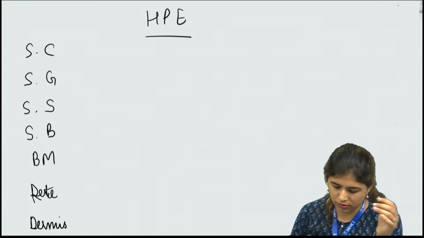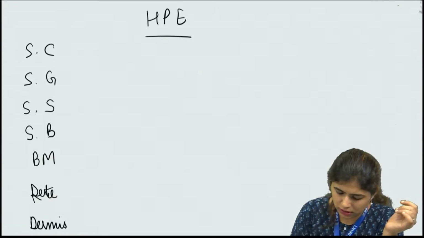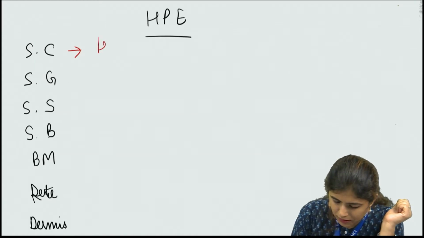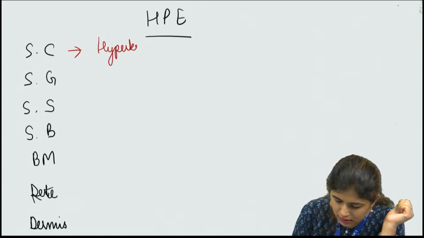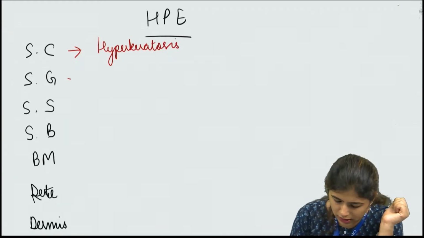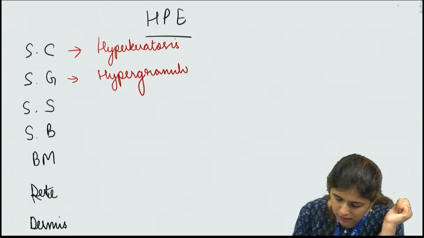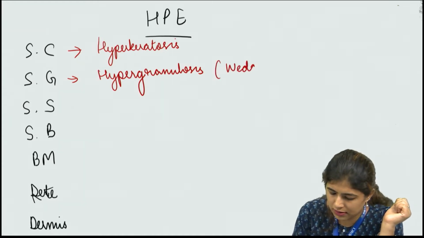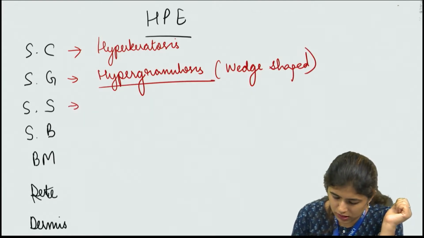In stratum corneum, what is happening? There is hyperkeratosis, which means increased thickness of stratum corneum. In granular, there is hypergranulosis, which is wedge shaped.